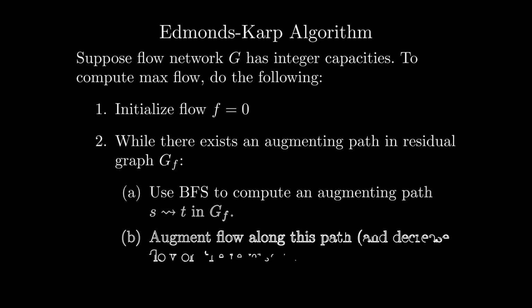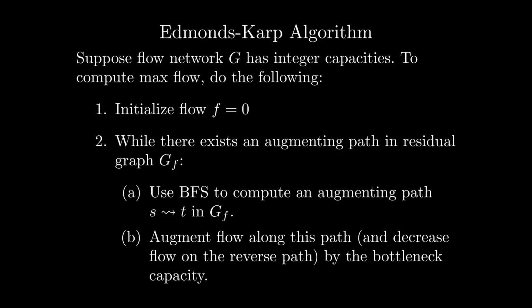Well, we could consider a second approach, the Edmonds-Karp algorithm. This algorithm is effectively identical to Ford-Fulkerson, except rather than using DFS to find augmenting paths, we instead use BFS to guarantee that we will find the shortest augmenting path. Since the algorithm is otherwise identical, correctness follows trivially. Looking at the complexity, each run-through of BFS has complexity O of m.